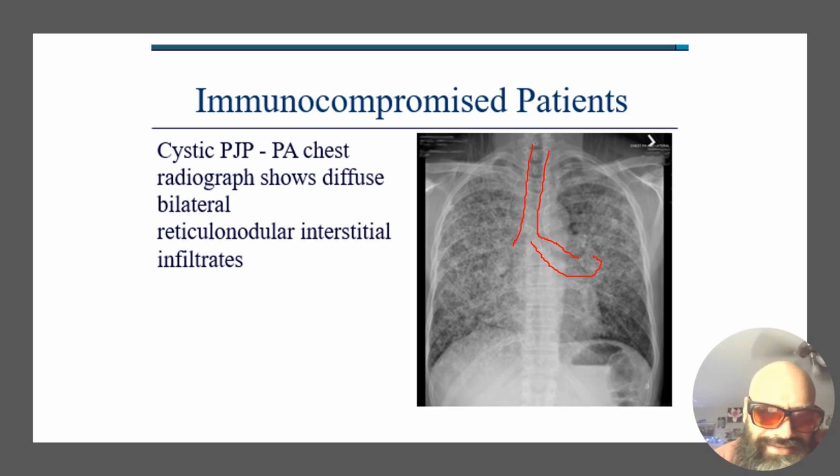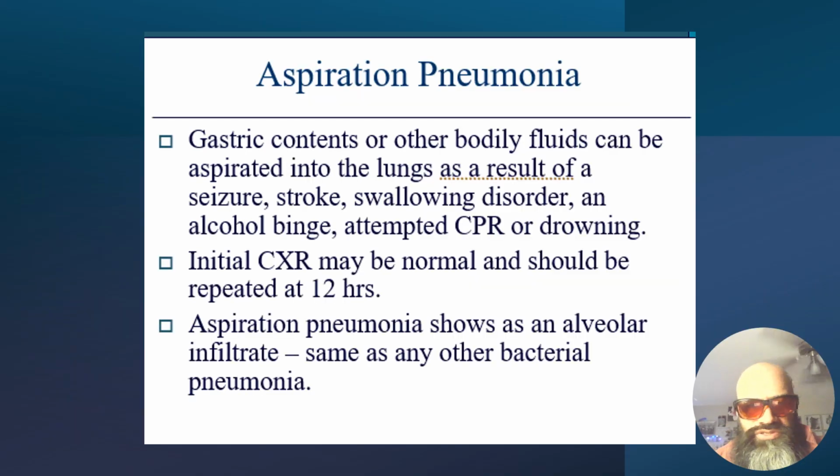So if you see anything like this, you're going to associate that with an immunocompromised patient, and the common organism is PJP, Pneumocystis jirovecii, but these are like tiny cysts that have accumulated fluid along the entire interstitium of the lungs. So this is most commonly seen in immunocompromised patients, but just correlate this finding with this particular disorder.